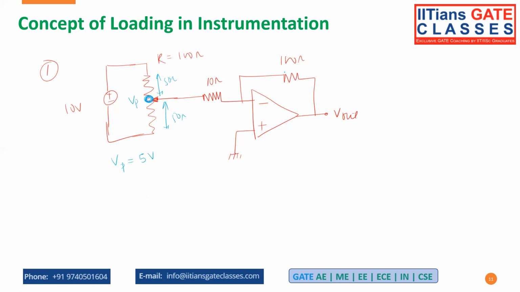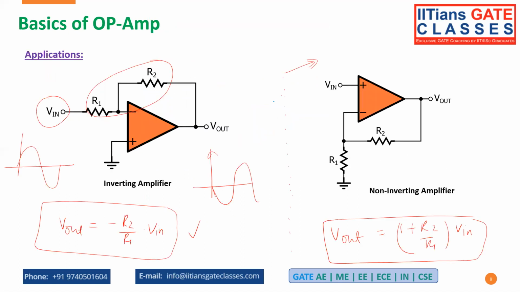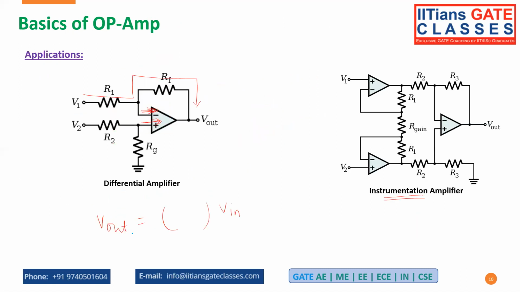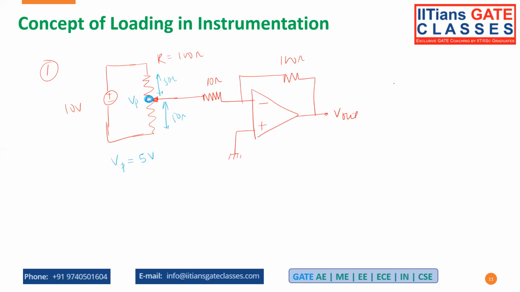Next, you apply this 5 volts to the op amp, and what is the output of the op amp? Just now we have seen the output of the op amp is minus R2 upon R1 into V input. And what is R2 here?